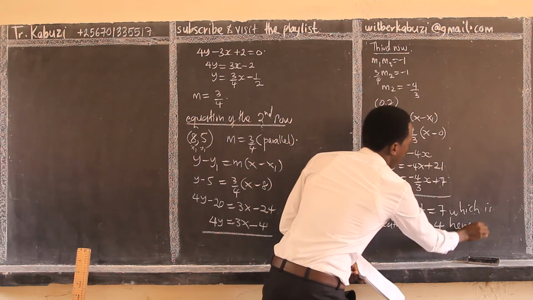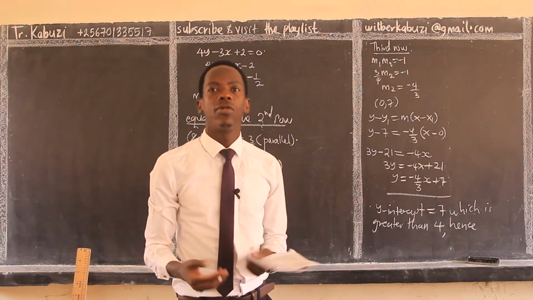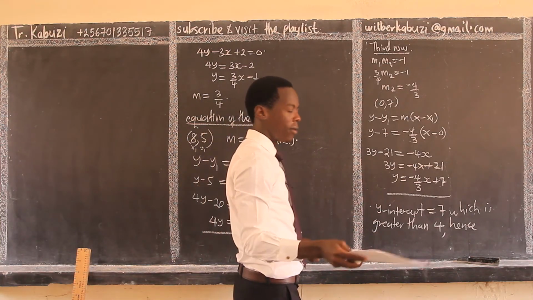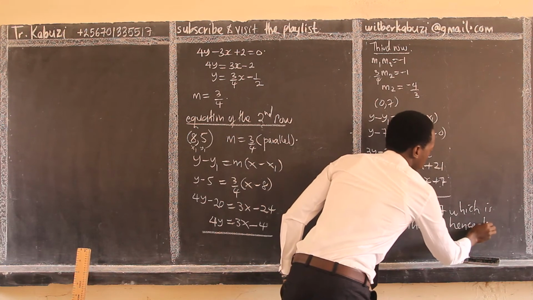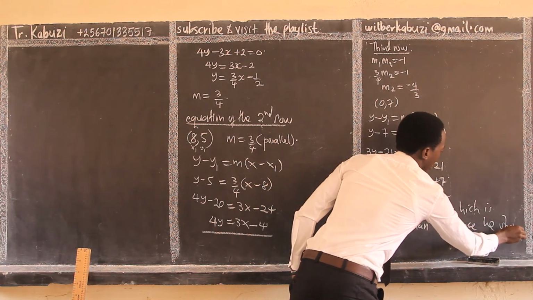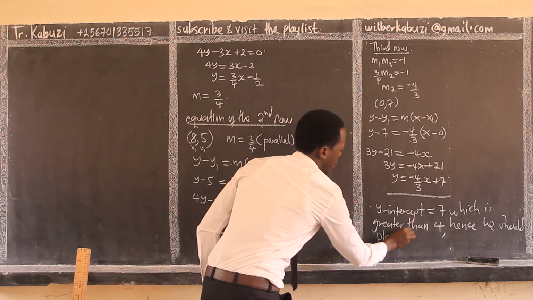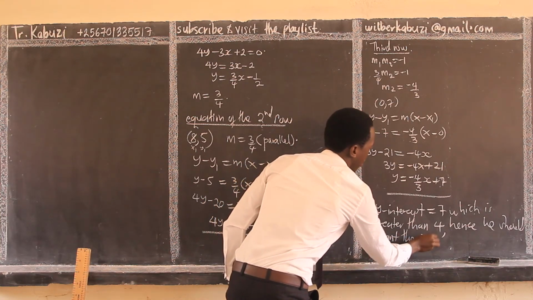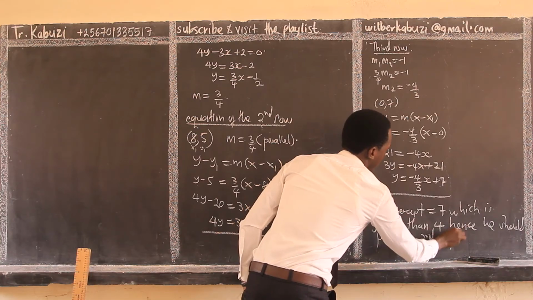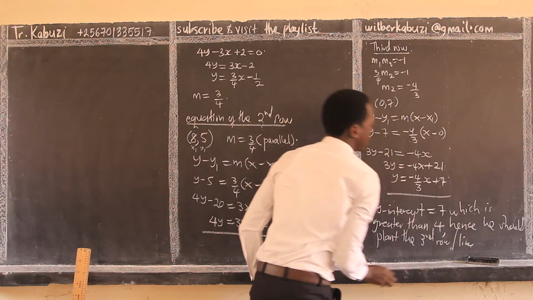Hence, because it is greater than 4, he can go on to plant the third row. Hence, he should plant the third row or line of crops.